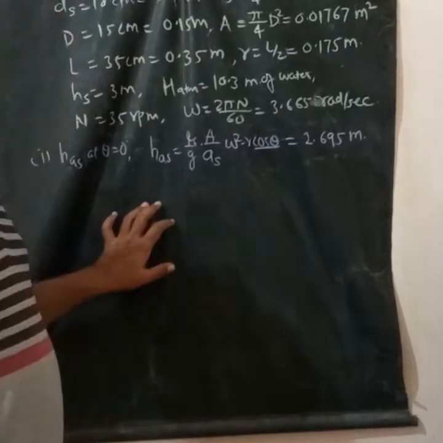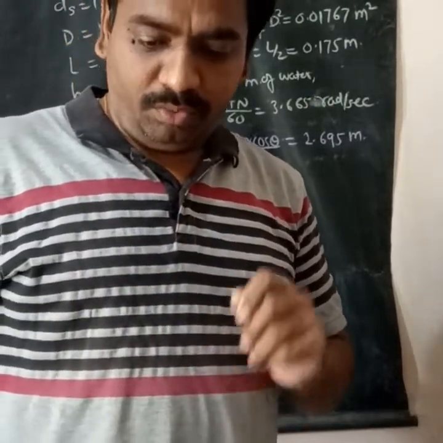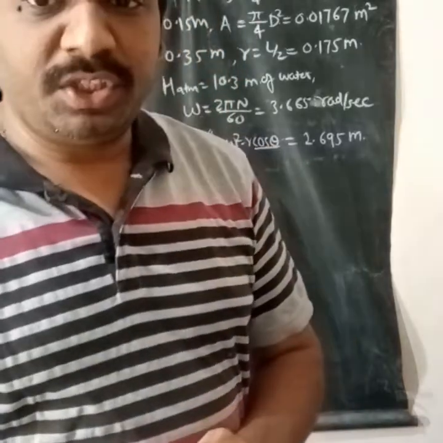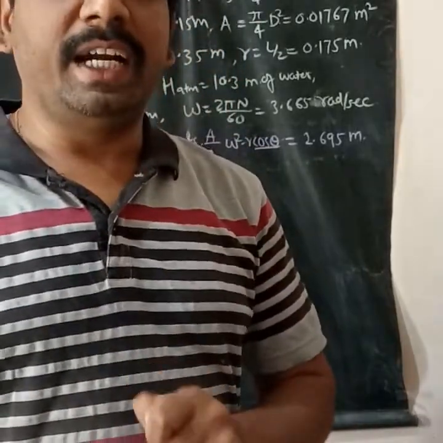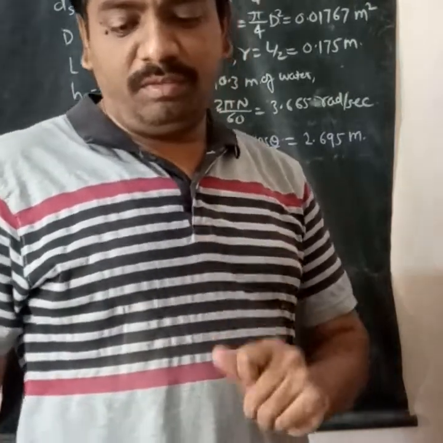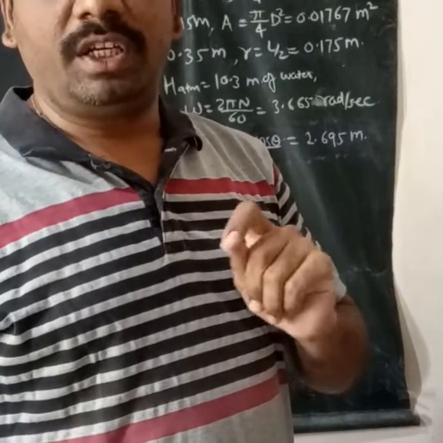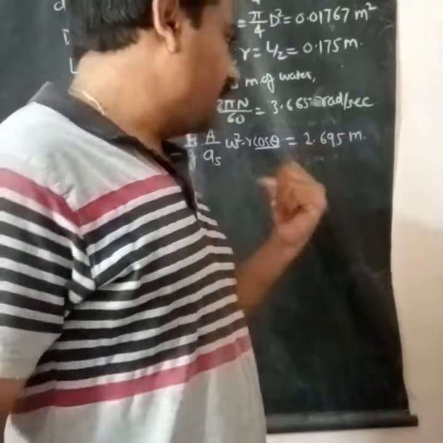Now here it is asked the maximum value of HAS. The maximum value of HAS will be obtained at the beginning of the suction stroke itself, when theta equals 0.